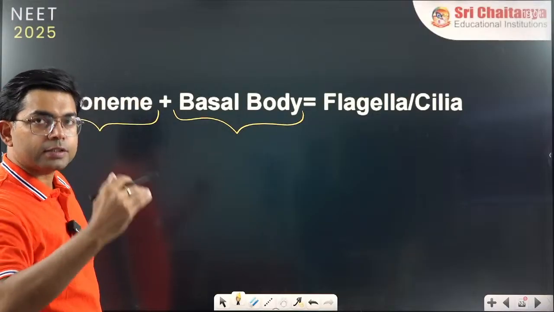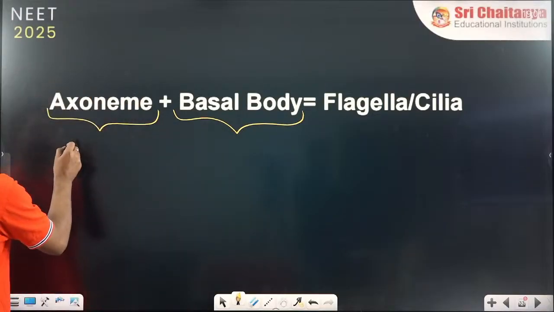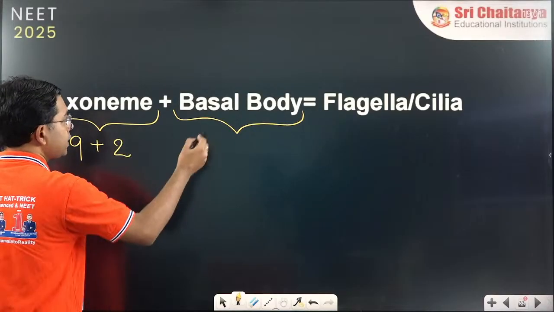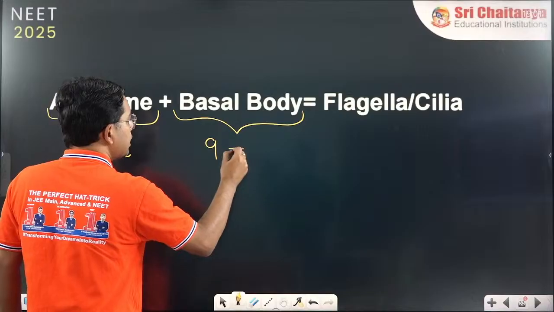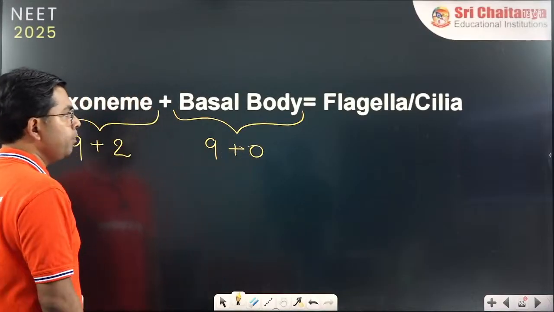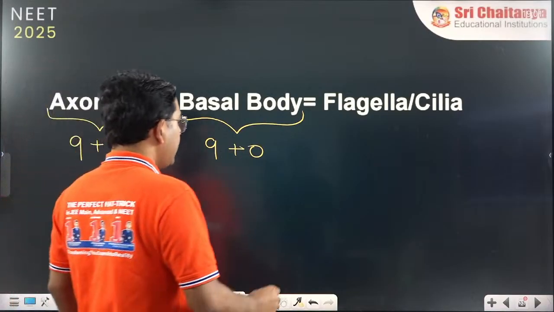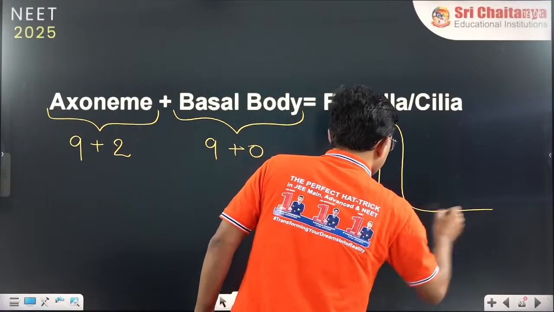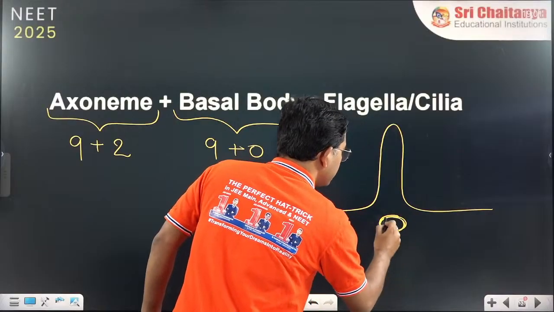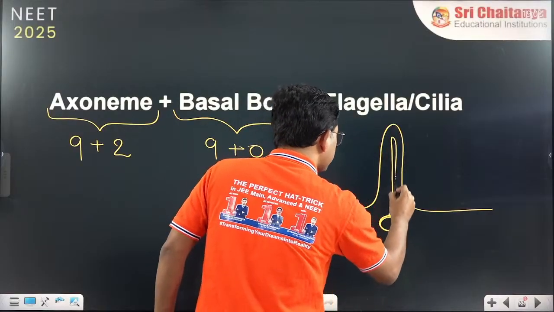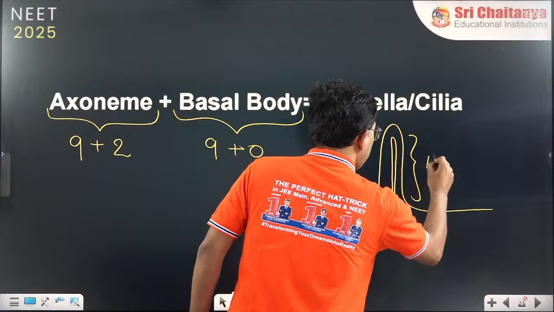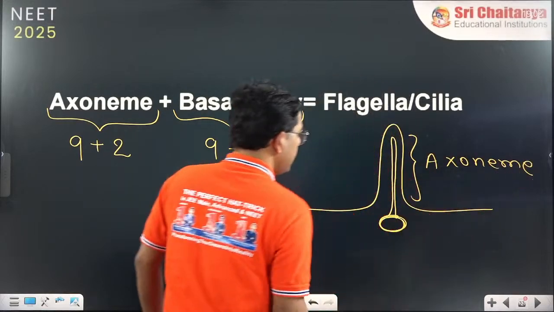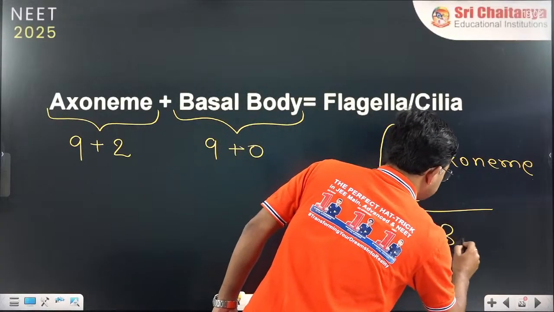Then we have said that the axoneme has a 9+2 arrangement and the basal body has a 9+0 arrangement. Here we have already seen that if this is the extension of the membrane, then the below part will be the basal body and this part will be the axoneme. So the axoneme is the exposed part, right? And this part is the basal body.